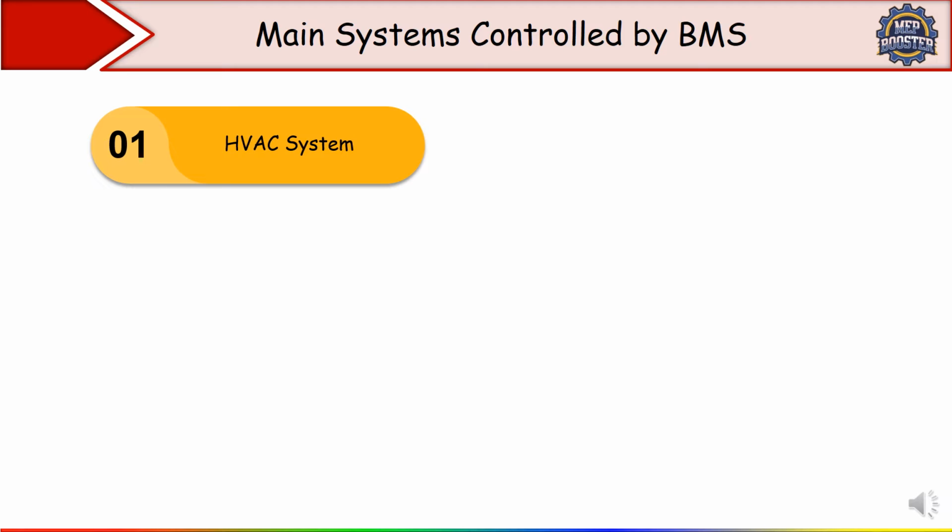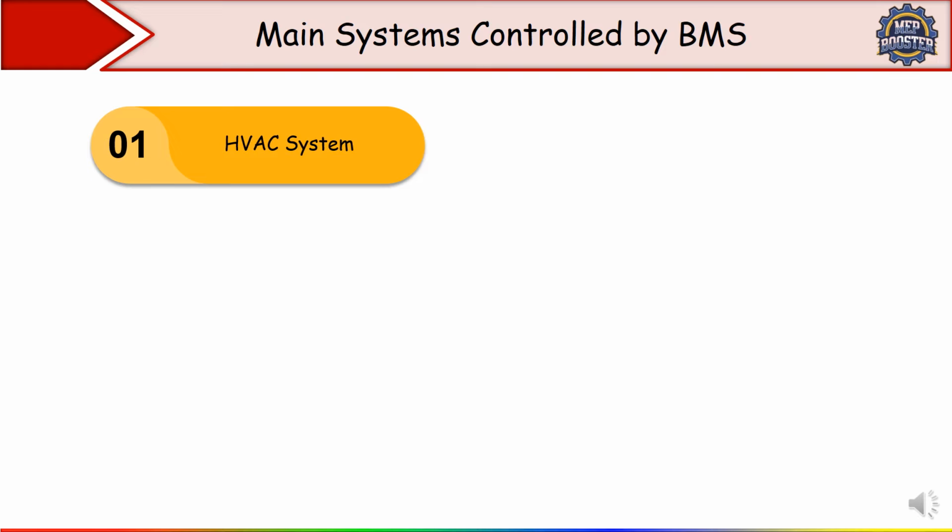The elements controlled by BMS in the HVAC system are chillers, boilers, heat pumps, AHU, FCU, VAV box, VRF or VRV system, dampers, etc.